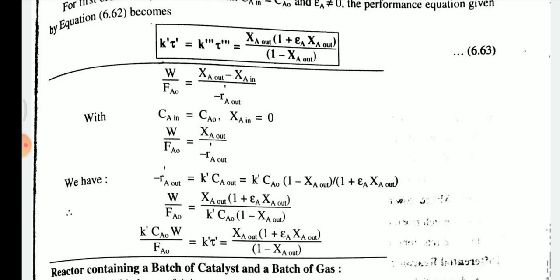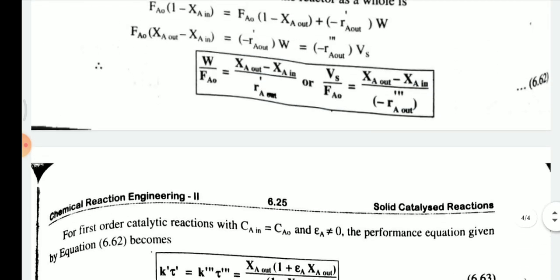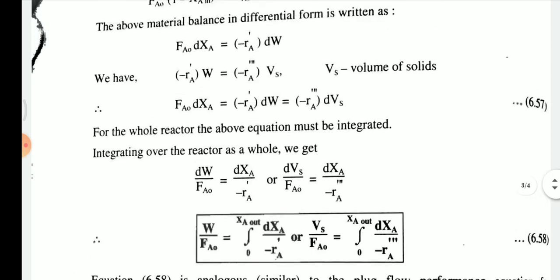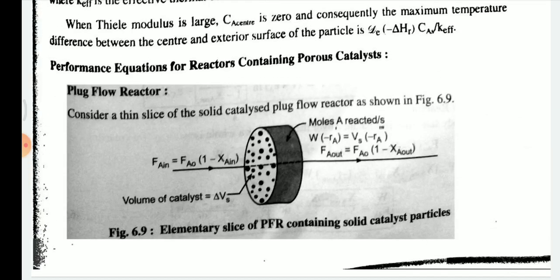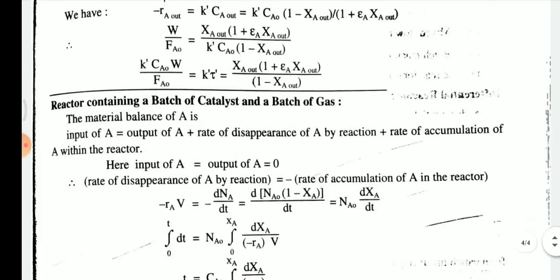So the final equation is that K dash Ca0 W upon Fa0 is equal to K dash tau dash equal to Xa out into 1 plus Ea Xa out divided by 1 minus Xa out. So this calculation you do in your own words, so you can easily understand that. Basically it is derived from the plug flow reactor, and only this plug flow equation is asked in GTU. So these are the equations of plug flow and mixed flow.